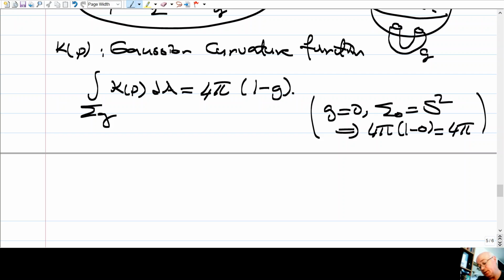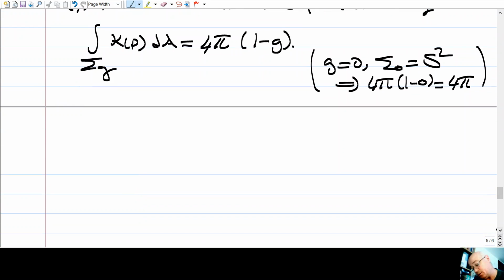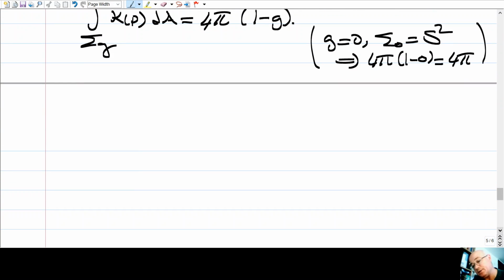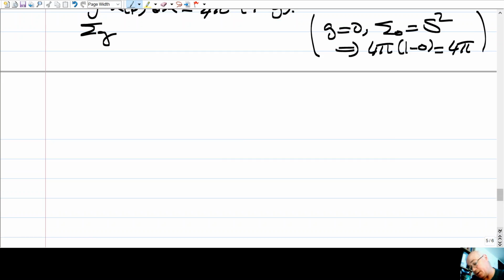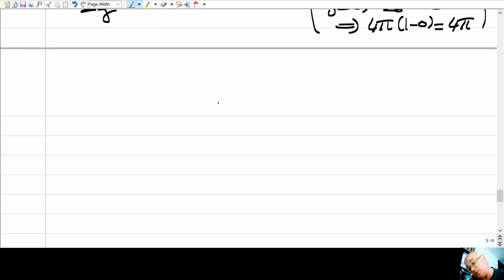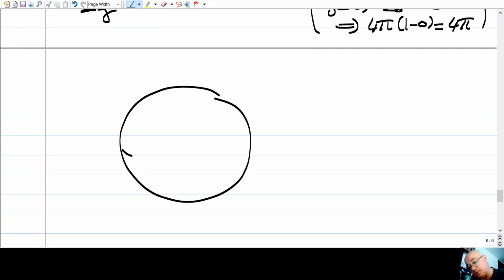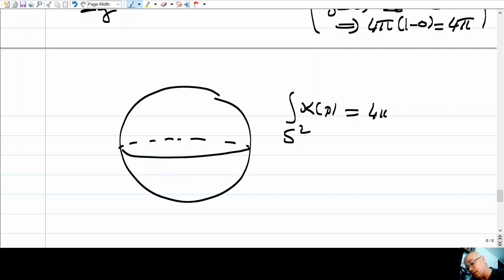Why this is important or interesting is the following. For example, take a huge sphere like this. I know that when you integrate the Gaussian curvature on the sphere, you get 4 pi.